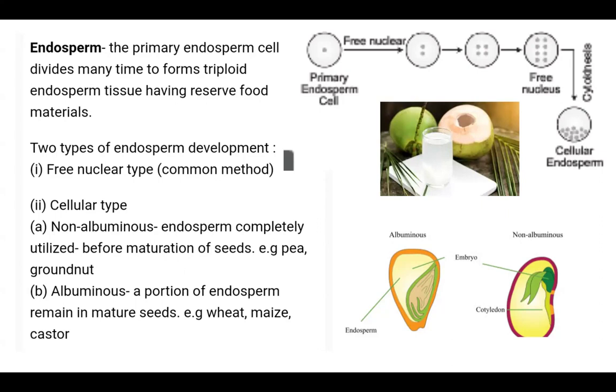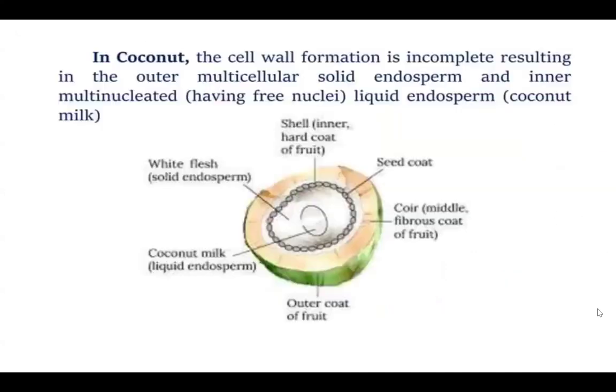You will get thick cotyledons. Albuminous seeds are those which use only a portion of the endosperm during the maturation of seeds, like wheat, maize, castor. So you will have something juicy inside. If you have ever taken maize, you will find there is some syrup inside, or wheat, rice, anything like this.